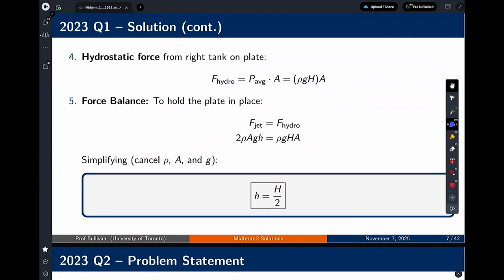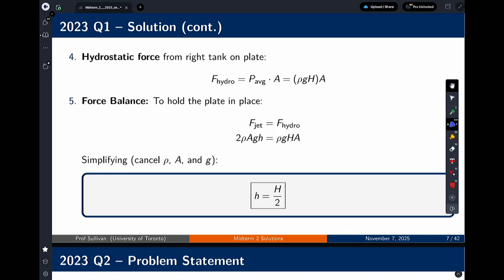This one's not a bad problem. Hydrostatic force is the force that's acting on the plate. And that force is just going to be rho g h A. The force balance is the force of the jet against the hydrostatic force.